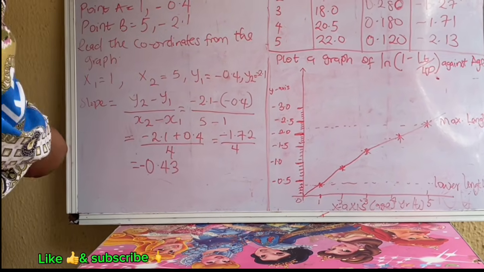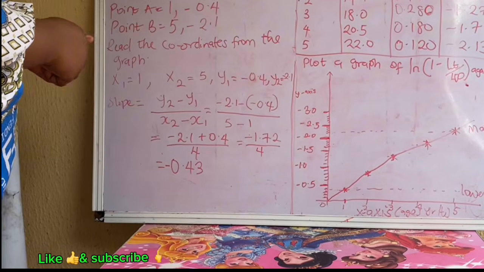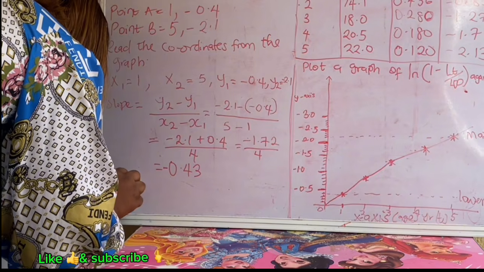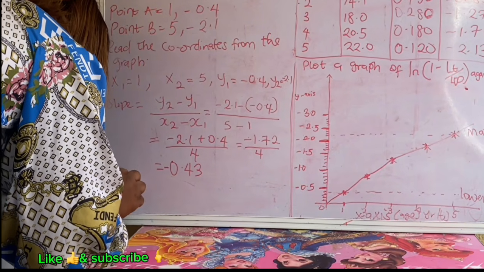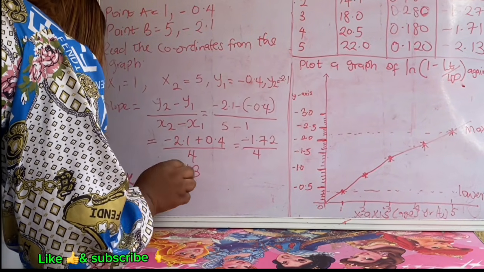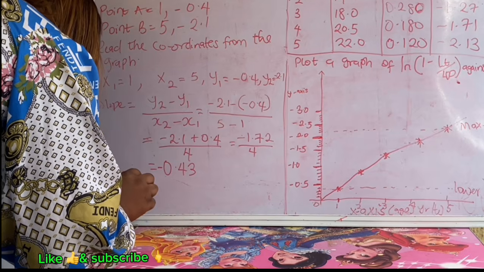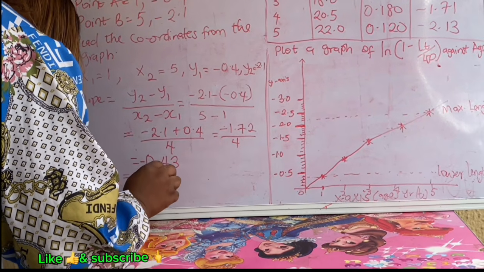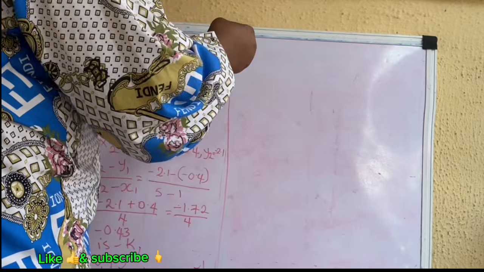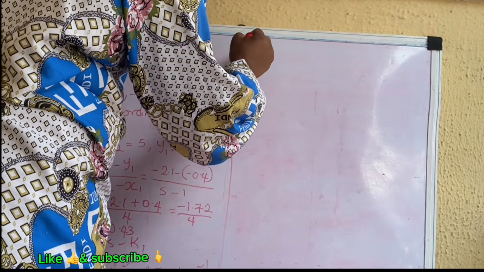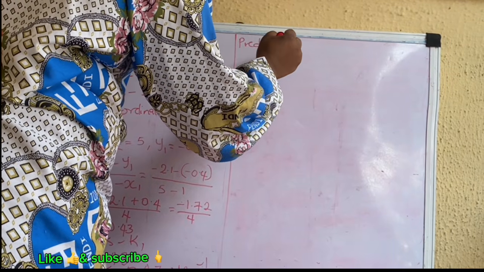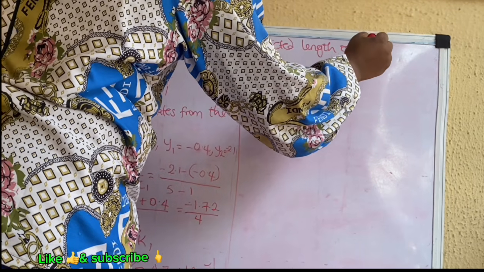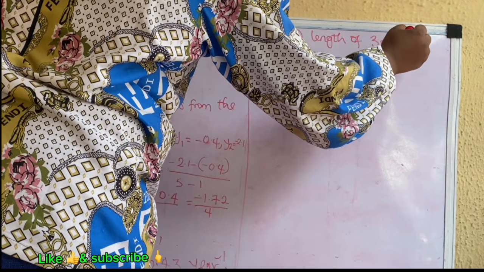So now you know that from your Von Bertalanffy's equation, the slope is minus k. For you to remove the minus, k is equal to 0.43. So you have the predicted length at 3 and 5.